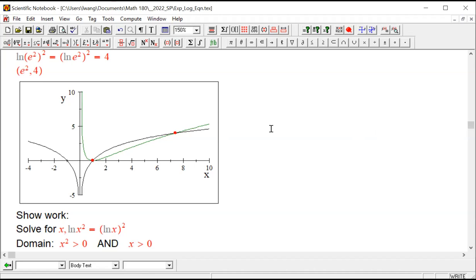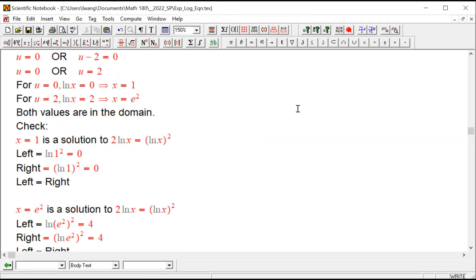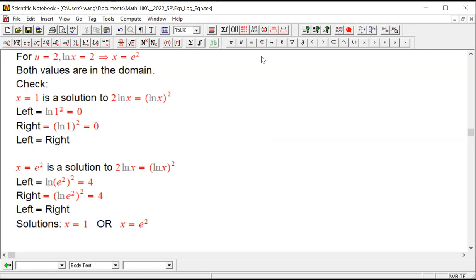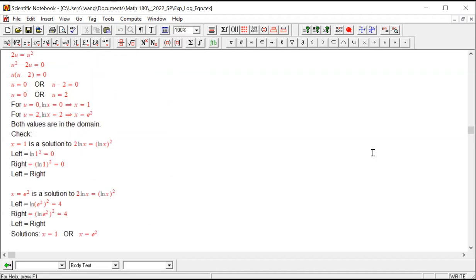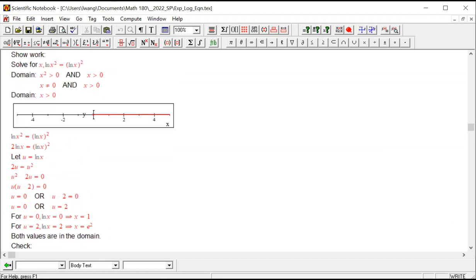So algebra and graph, we compare back and forth and we see, oh, we don't want to miss anything, do we? No, we don't want to miss anything. So this is the lesson for today. Let me see if I can show you the whole piece. Yeah, it's hard to show the whole piece, right?